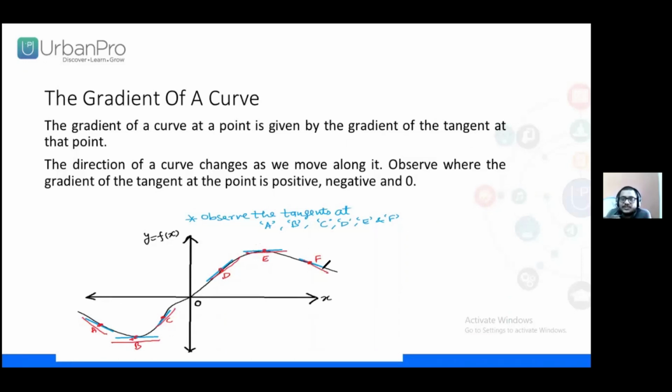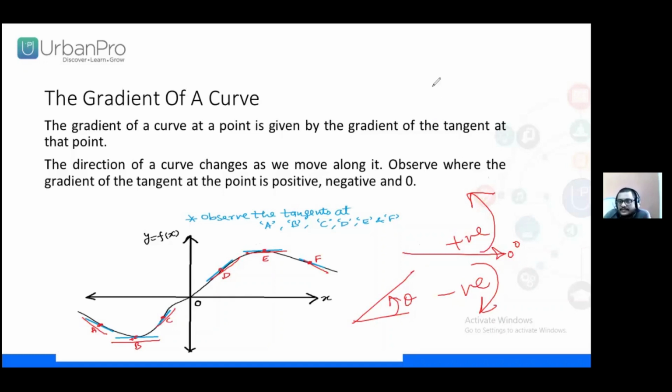So the tangent is changing, that is the gradient is changing with respect to change in x. So here this is the reference line, that is the 0 degree line, and if we move in the anti-clockwise direction, then we take the angle positive, and if we move in the clockwise direction, then the angle will be negative. So if the tangent is this way, then this angle theta lies between 0 and 90, and the slope will be positive, tan theta will be positive.